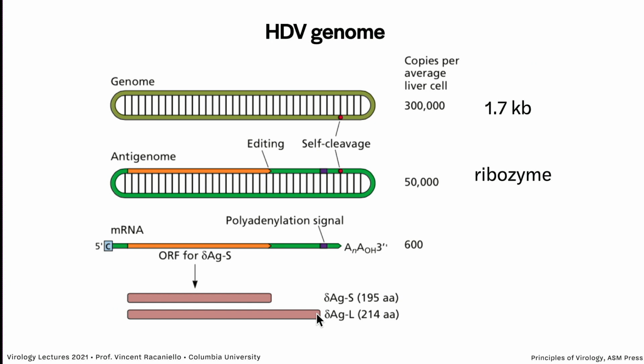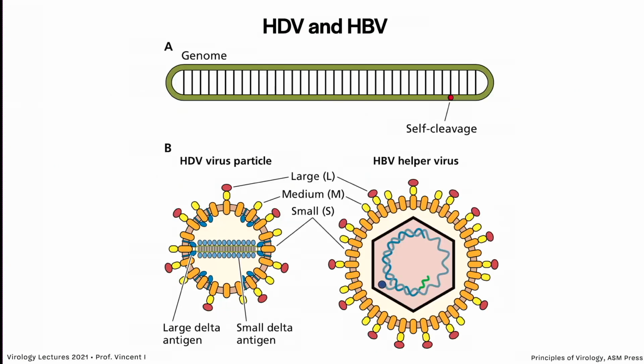So RNA editing is a process where bases are changed without being templated. You can have, for example, insertion of bases or deletion of bases during polymerization. And so that's how you get the second protein. So again, the smallest is the S, and then the editing gives you a larger version of that protein.